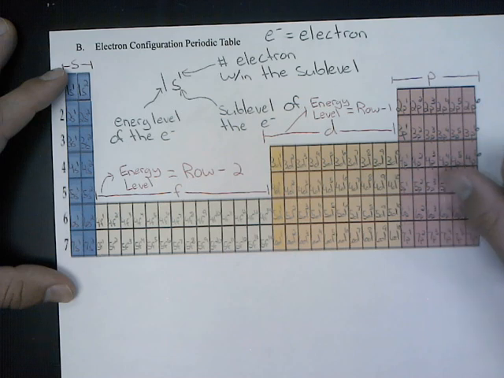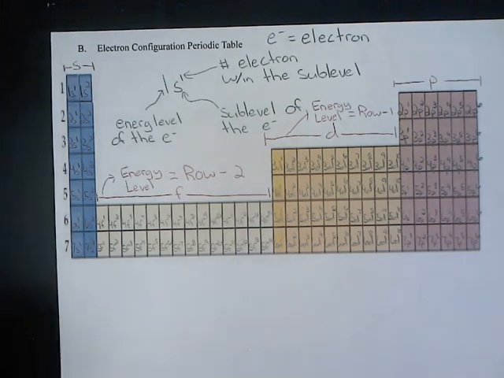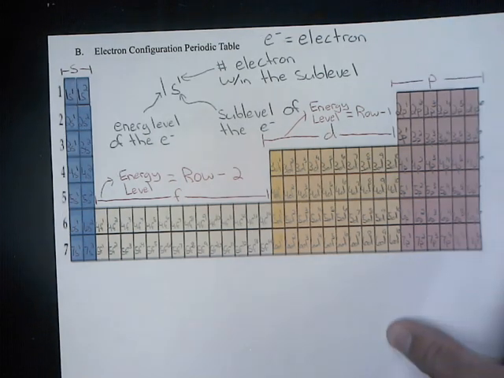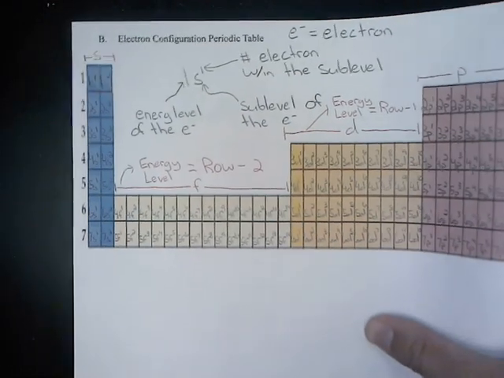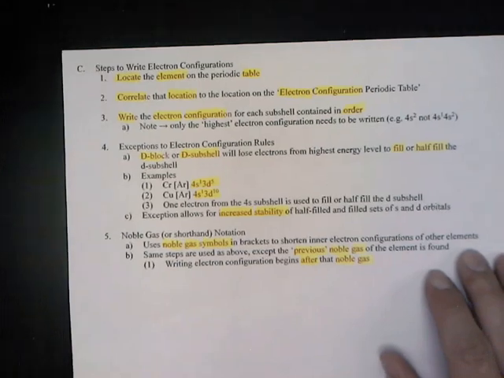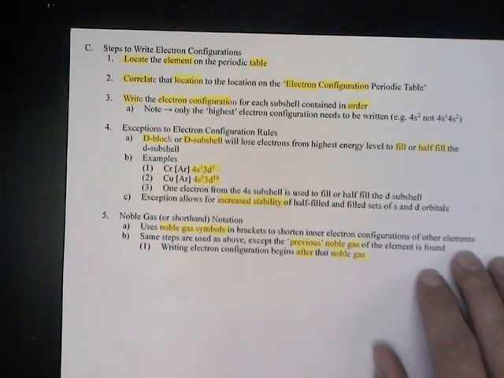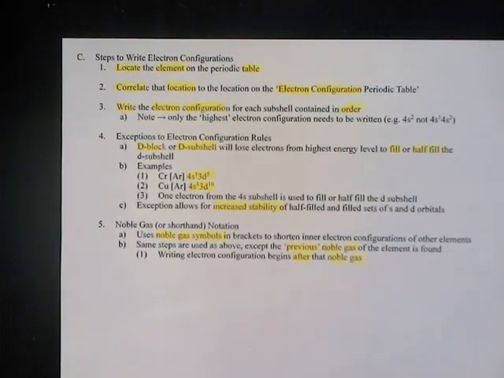Okay, so what this represents is our electron configuration periodic table, and we can now specify the electrons that are in each particular box. We will utilize this, so keep this handy. We want to know how to use that periodic table to write the electron configuration.